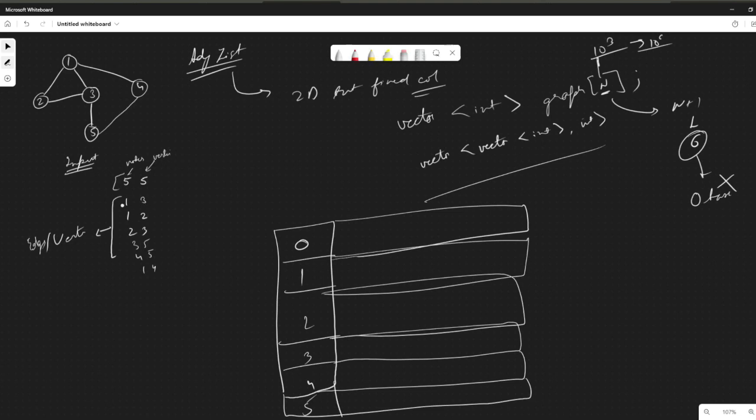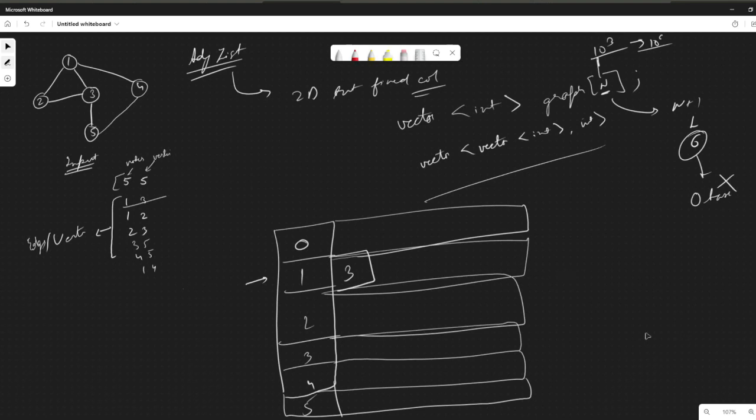The first input comes, we push the first input along with the second vertex of that edge. This is a vector, so it will become size 1. If we check vector 1 dot size, we get the answer 1.